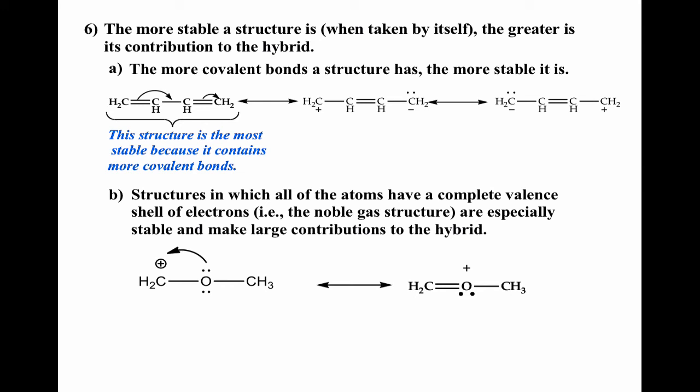It's more willing to handle that positive charge than is oxygen. The answer to that statement is true, okay? But the rule is, right, we want to have everything to have a noble gas structure. And even though oxygen here has a formal positive charge, every atom has an octet. And so this is the major contributor to the overall resonance hybrid, okay?